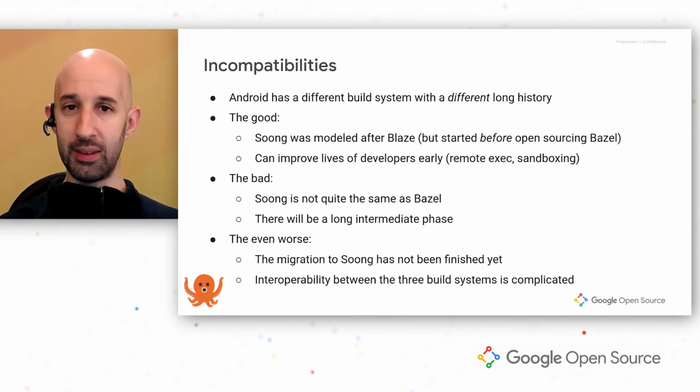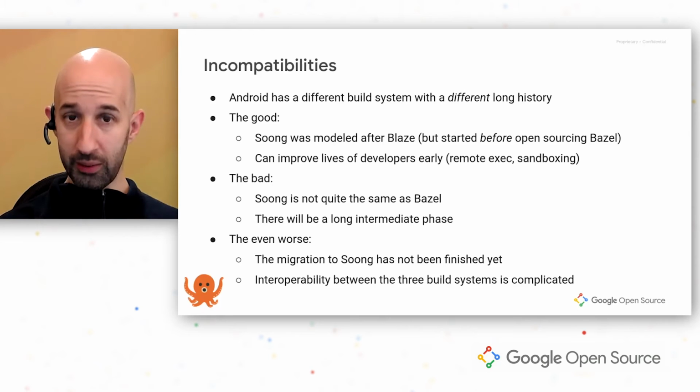And the other good part is that Android's build does not need to be fully converted to Bazel to see benefits. The bad part is that even though Soong borrows some concepts from Bazel, it's just not quite the same, which makes the integration between the two tools hard.